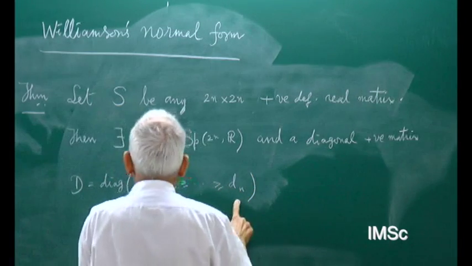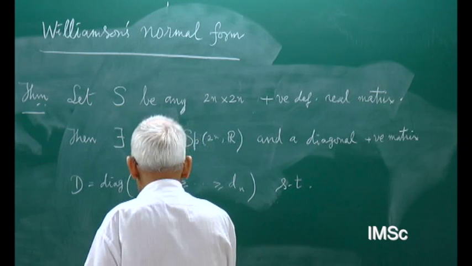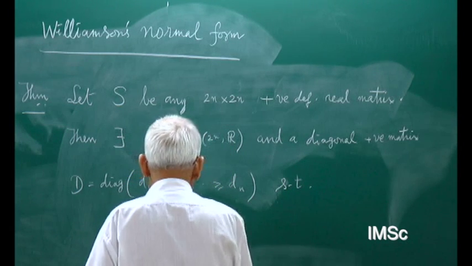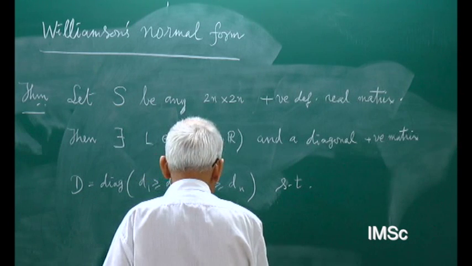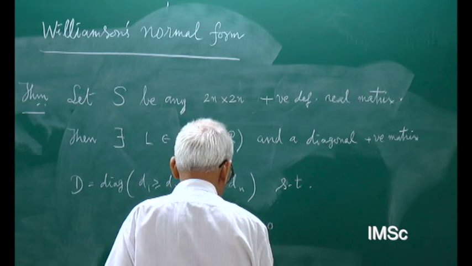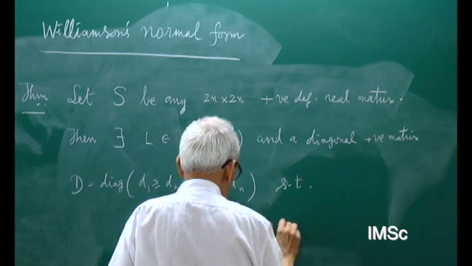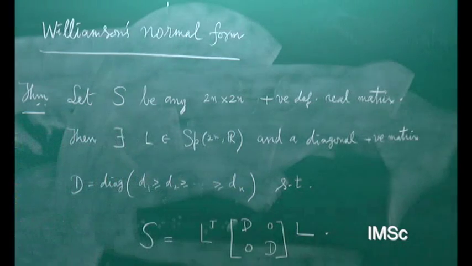This is n by n, such that S is equal to L transpose times [D 0; 0 D] multiplied by L. That is from linear algebra.